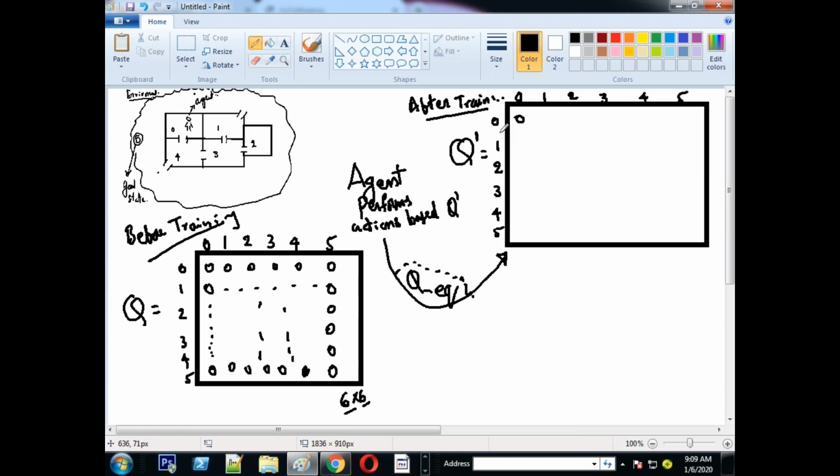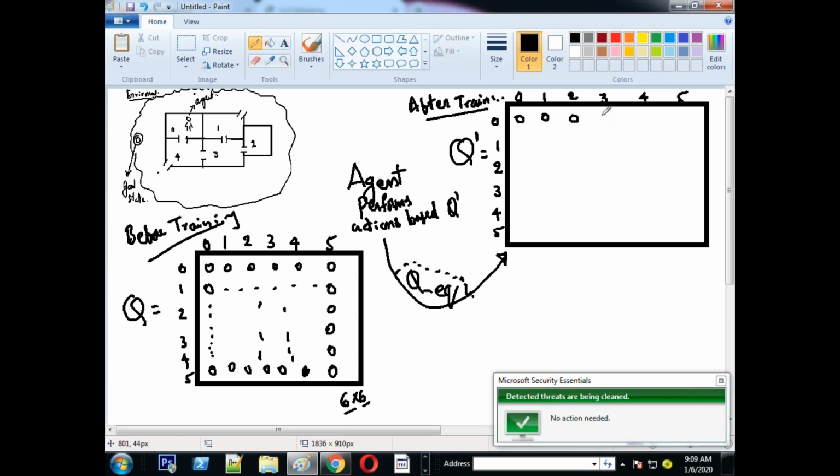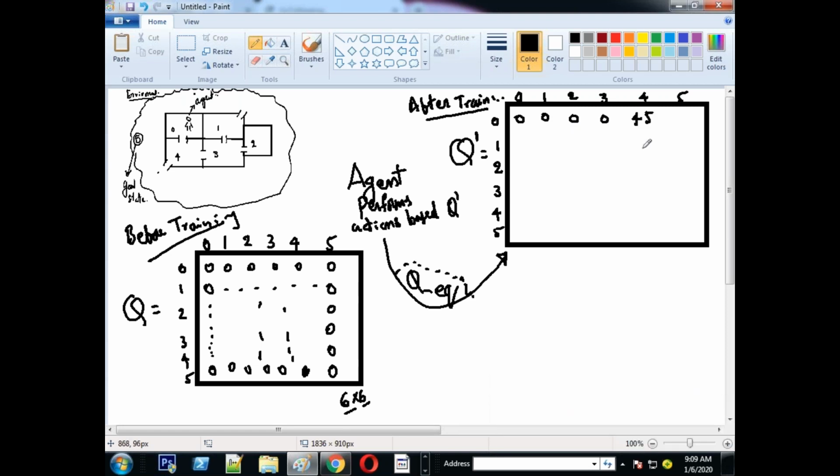Okay. 0 to 1, 0. 0 to 2, 0. 0 to 3, 0. 0 to 3 is 45. Why that 45? Just forget it. The mathematics of Q learning will update the 45. Got it? Okay. 0 to 4, 0 to 5, 0. Like this.